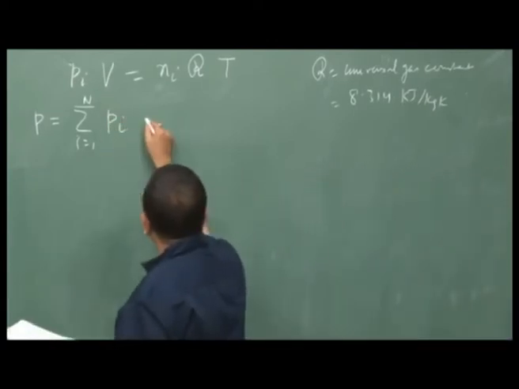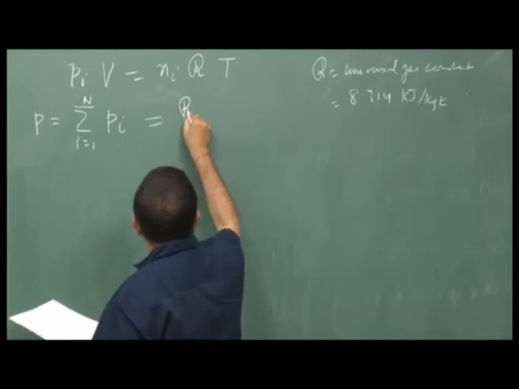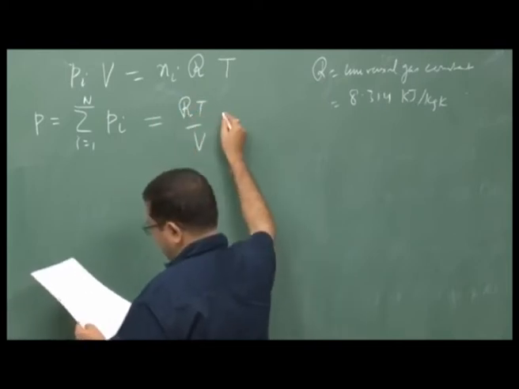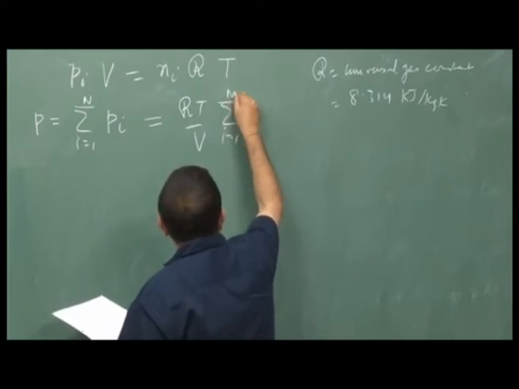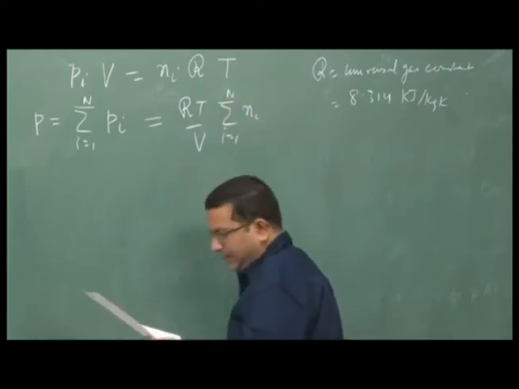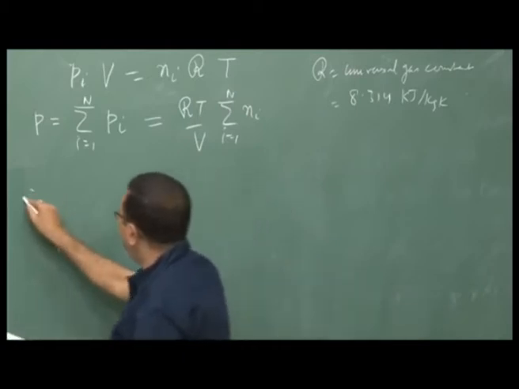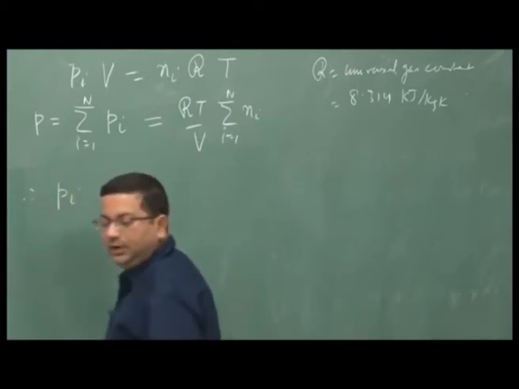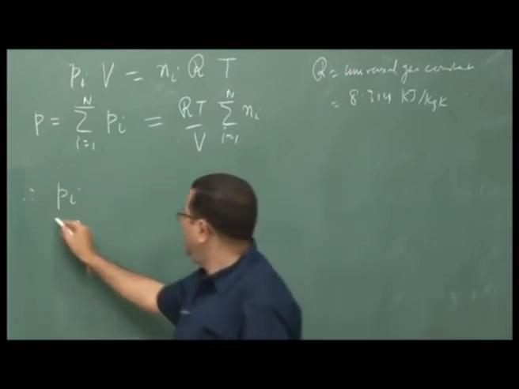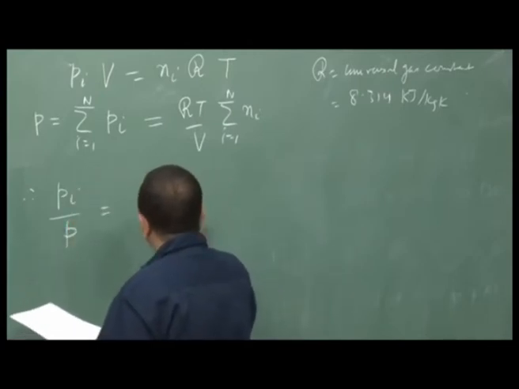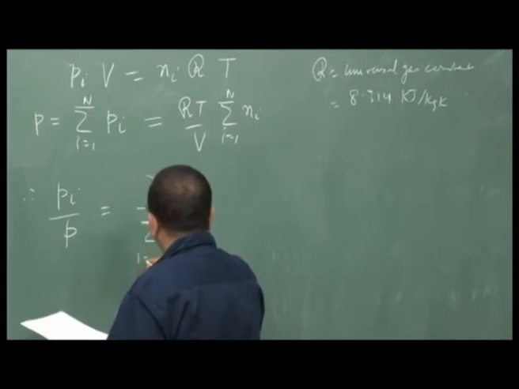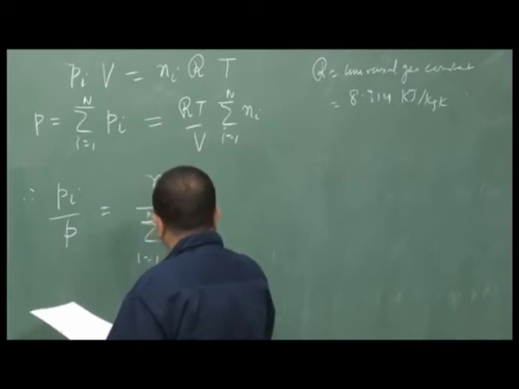Now, combining these two, I can write it as RT by V sigma i equal to 1 to n of Ni. Therefore, the partial pressure of species i divided by the total pressure, the actual pressure of the system, is equal to Ni upon sigma i equal to 1 to n Ni.